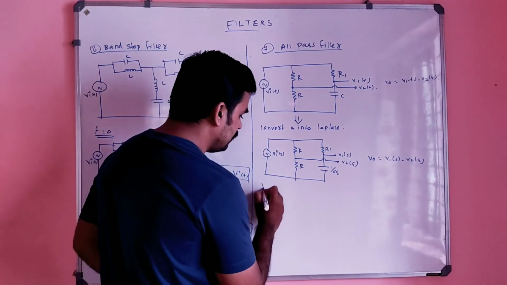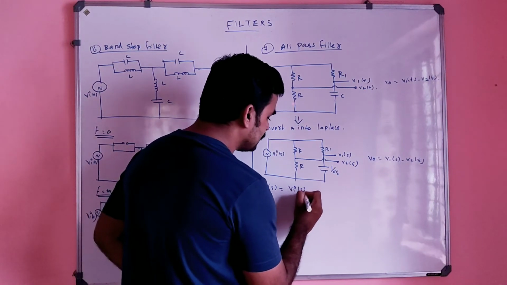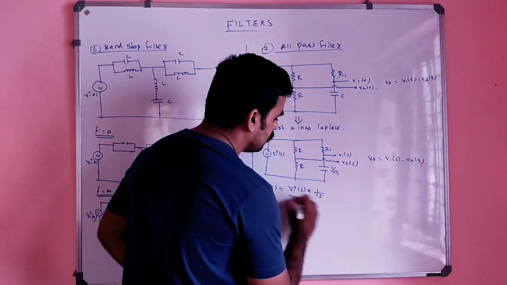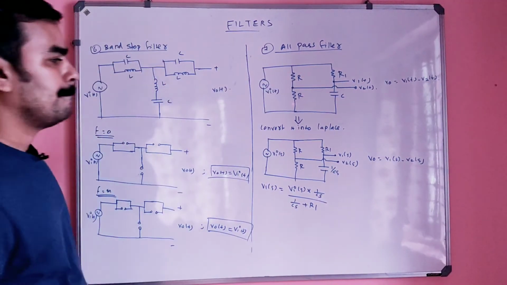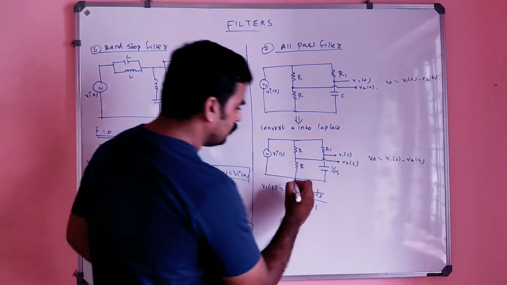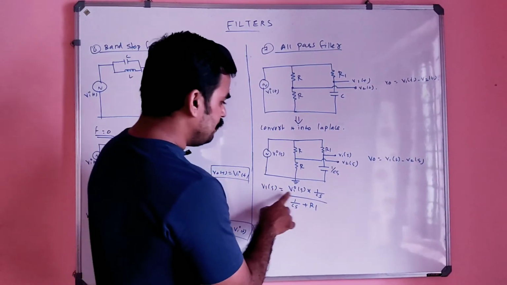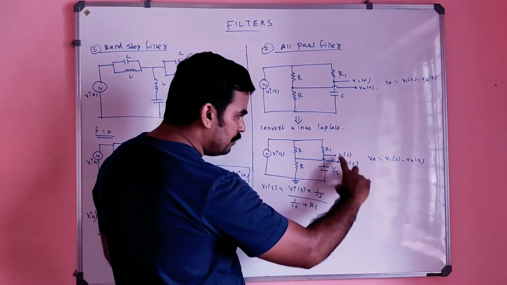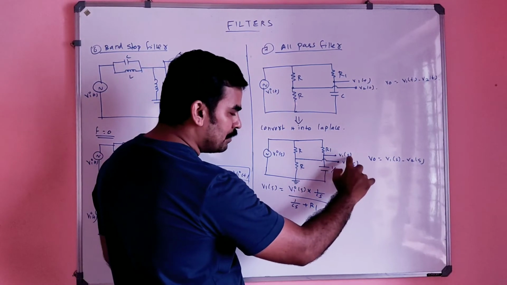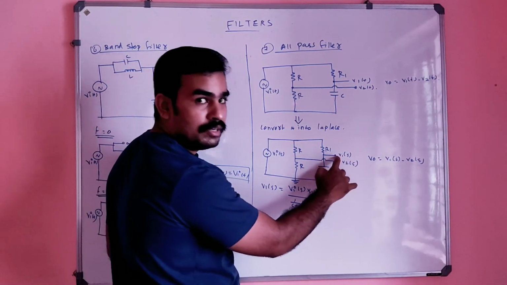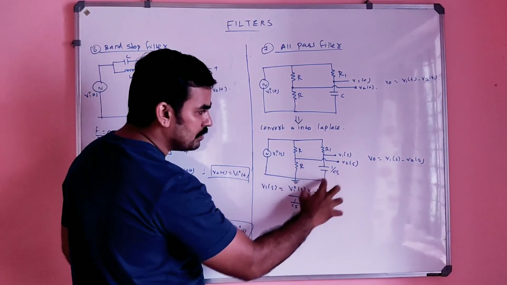So what will be V1 of s? V1 of s is nothing but VA of s into 1 by Cs whole divided by 1 by Cs plus R1, correct? Simply apply the voltage division rule. V1 of s is this point with respect to ground, so up to this will be V1 of s.